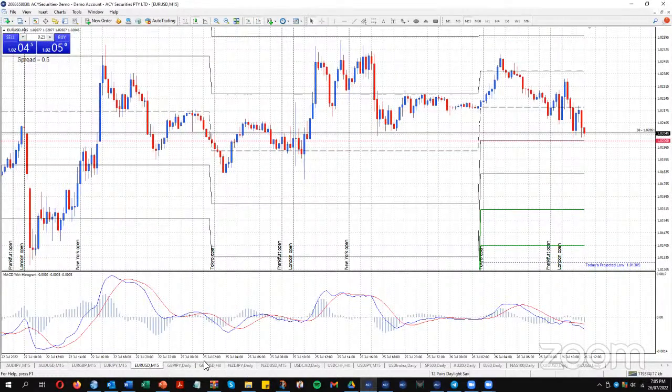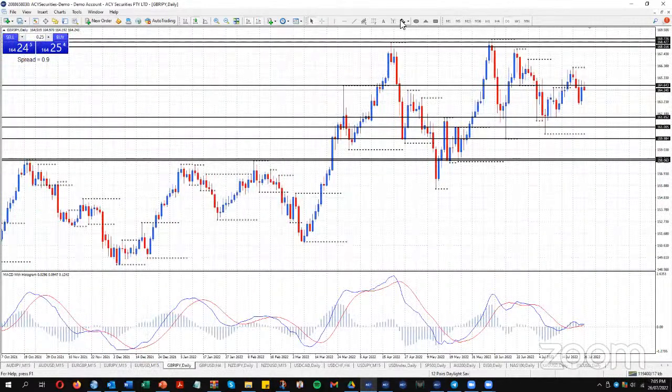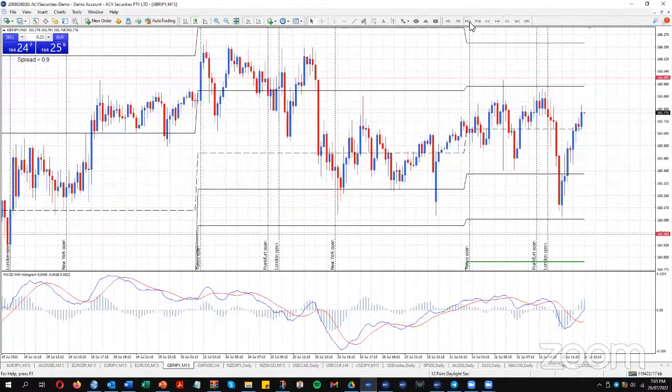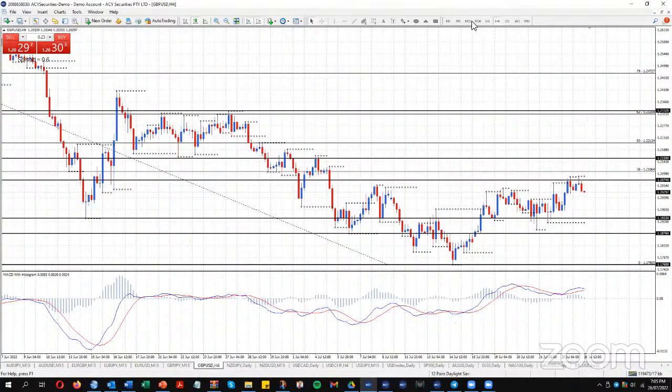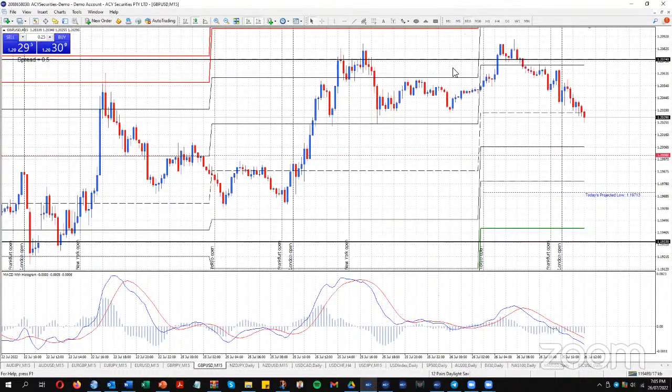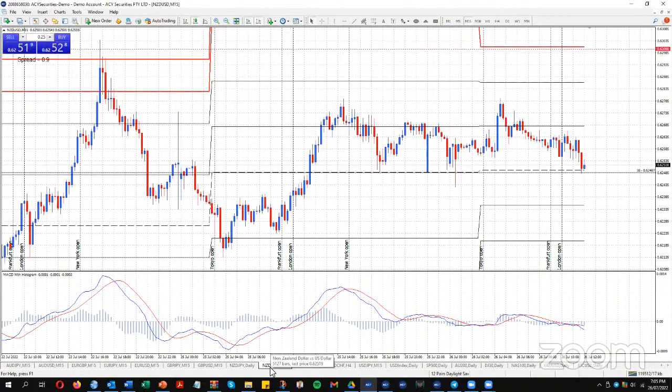With the market being so range bound, I'm really looking to trade from a resistance or a support area, not in the middle of anything. So potentially nothing's quite at a level that I'm looking at. Some of these pairs are at the central pivot points, so you can be looking for movements back up from the central pivot points.